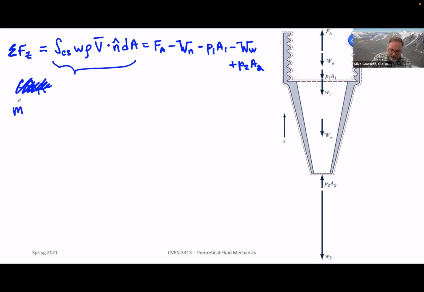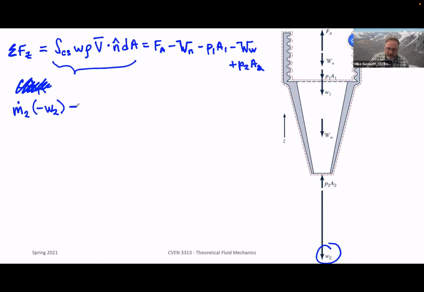M dot 2 is the outflow of mass. When we multiply it by a negative W2, and the reason I write that it's negative is it is going in the downward direction, right? W2 is negative. Then there's no sign in front, or the plus sign more or less in front of the m dot 2, because it is going out.